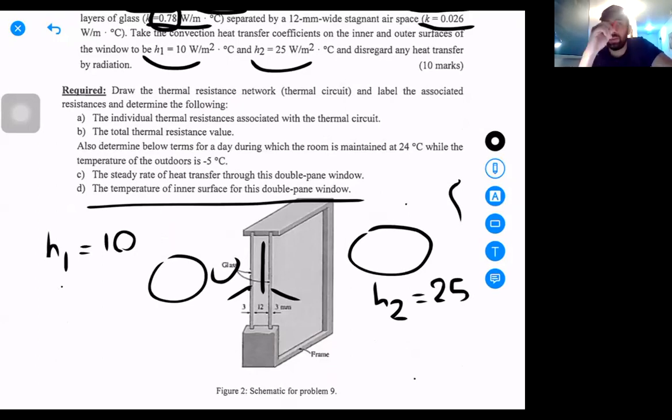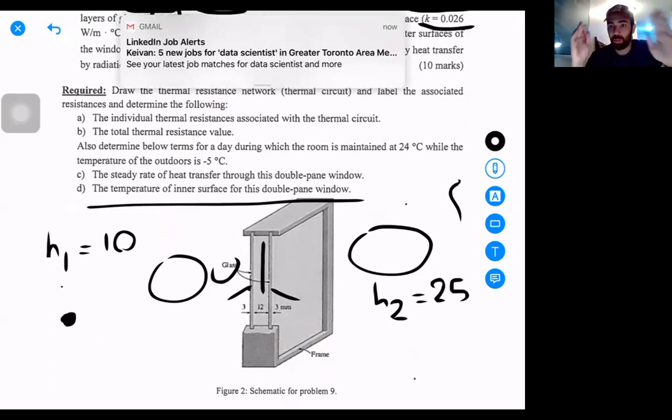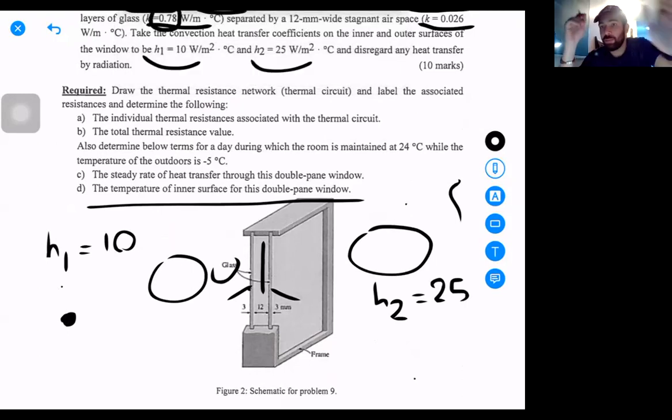If you remember, we had 5 resistances and 6 points: one point in the inner room, two at the boundaries of the first glass layer, two at the boundaries of the second glass layer, and one at the outer layer in the surrounding air.